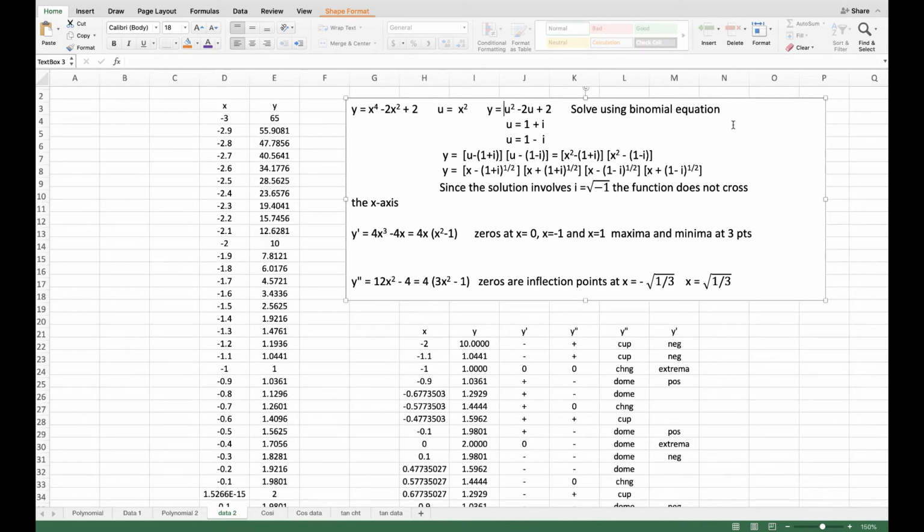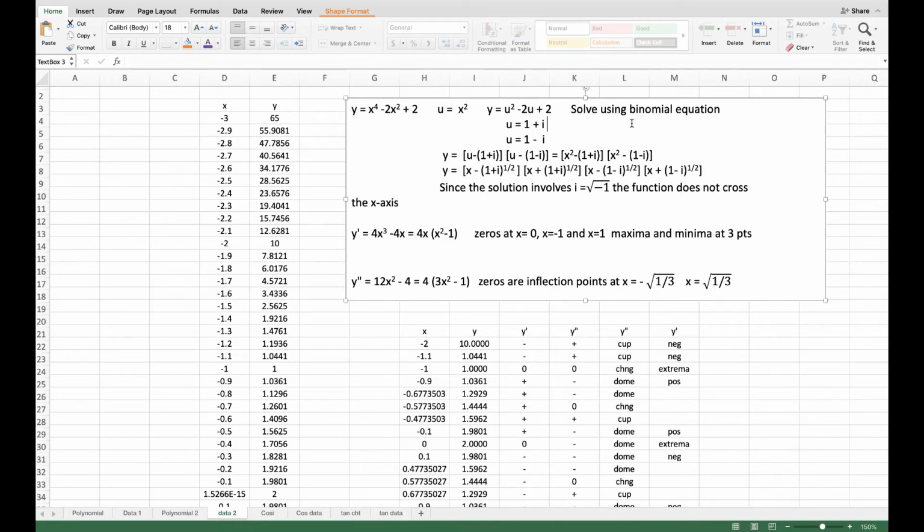It's just your quadratic equation. So you end up with u squared minus 2u plus 2. And what that does is it gives you u equals 1 plus i, when you apply the quadratic formula, x equals minus b over 2a plus or minus 1 over 2a times the square root of b squared minus 4ac.